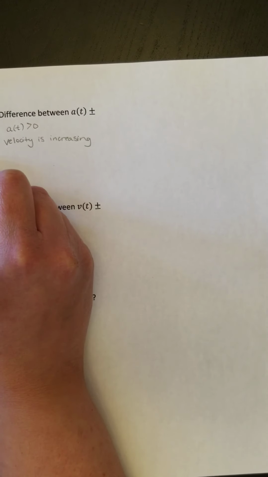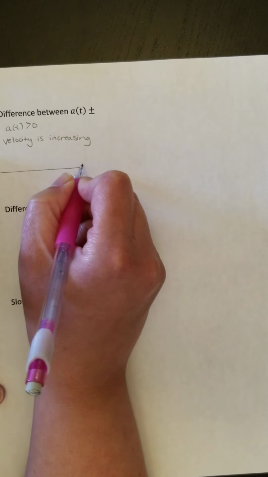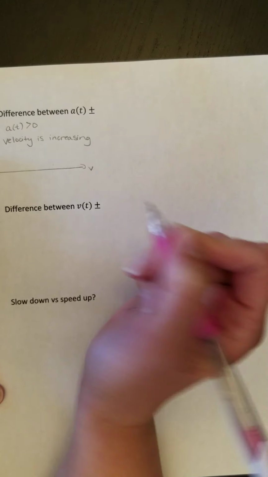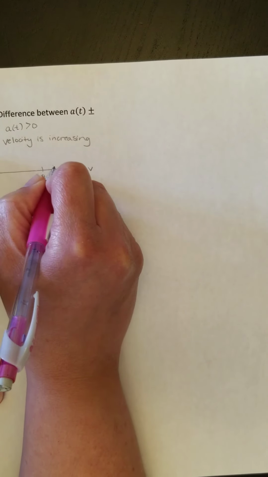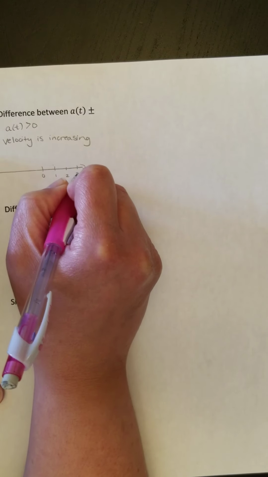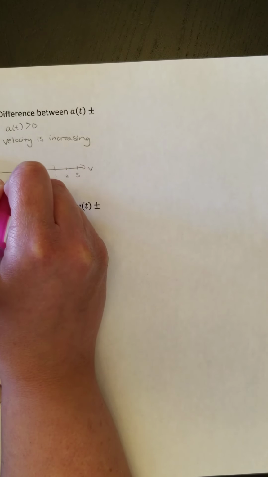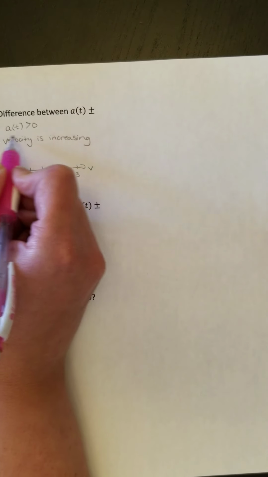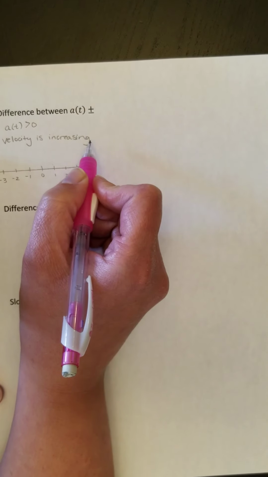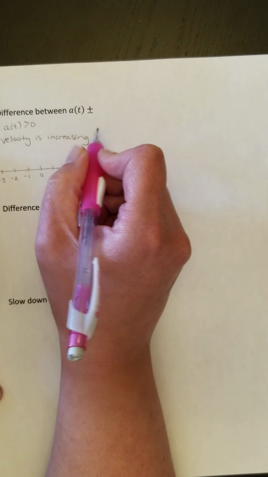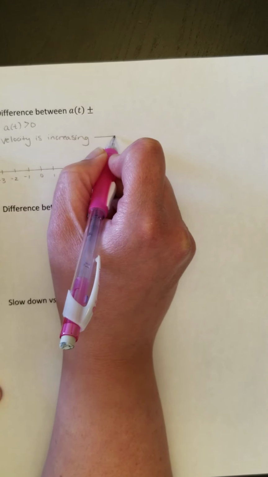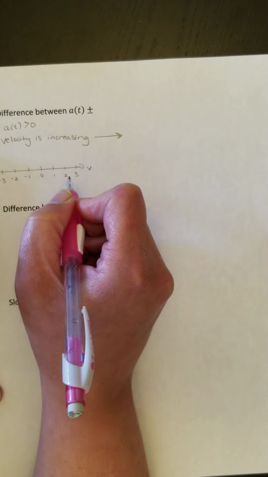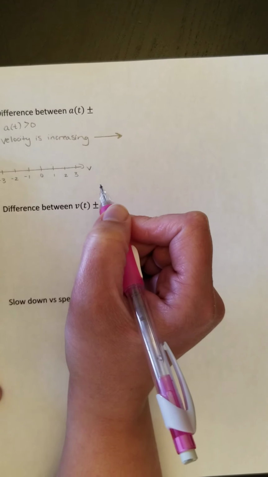So you can kind of imagine a table like in the last video, but if I had a number line for velocity, so if a positive acceleration means velocity is increasing, that means that the velocity is moving to the right on a number line. The numbers are getting bigger.